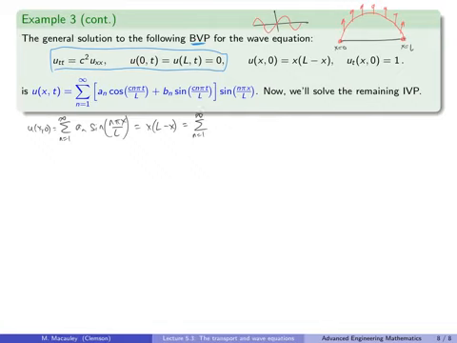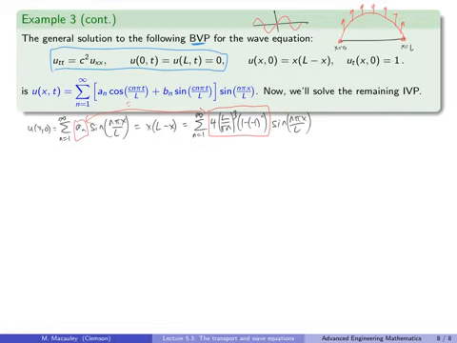This is 4 times L over pi n quantity cubed, I think that's right, times 1 minus negative 1 to the n, times sine of n pi x over L. So if this sine series equals that sine series, then an had better equal 4 times L over pi n quantity cubed, times 1 minus negative 1 to the n. These things had better be equal.